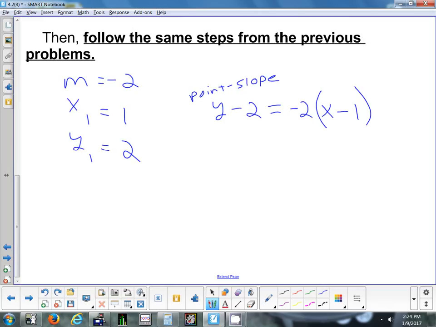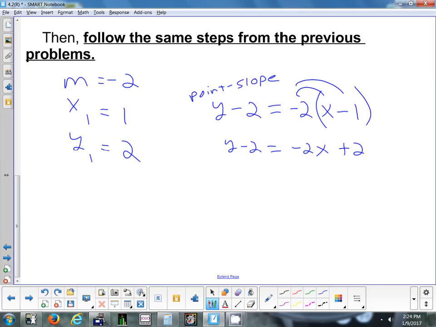So what's the first thing I have to do on the right-hand side? Distribute. Does that affect the left? No. What's negative 2 times x? What's negative 2 times negative 1? 2. Negative 2 times negative 1 is positive 2. Is that y equals mx plus b? No, it's close.